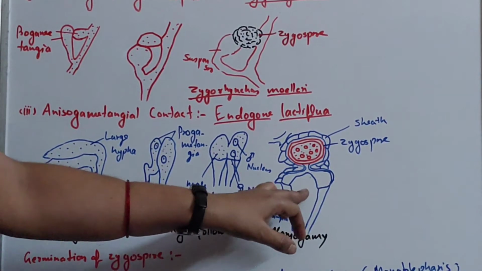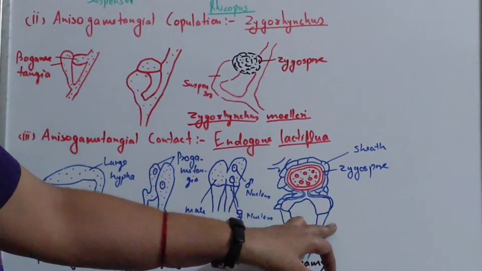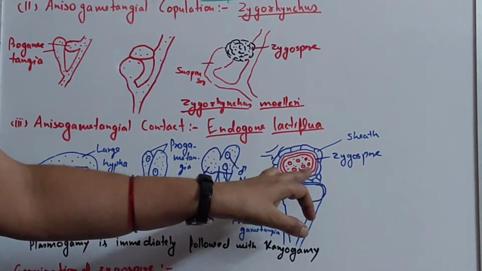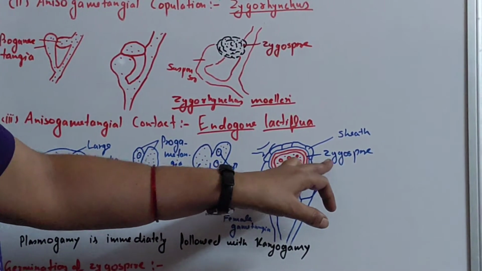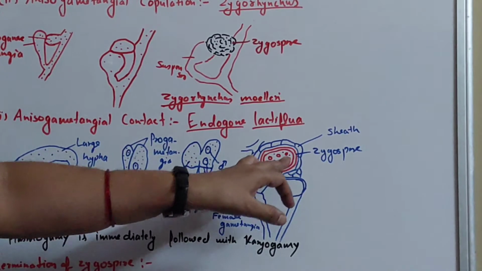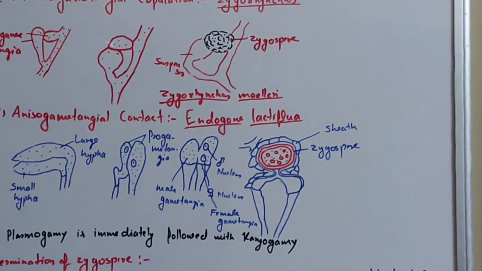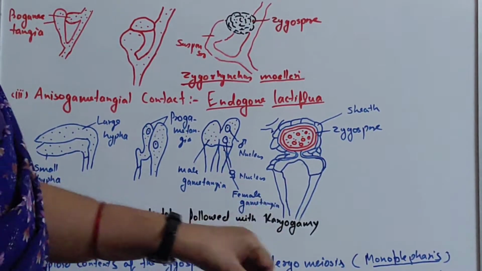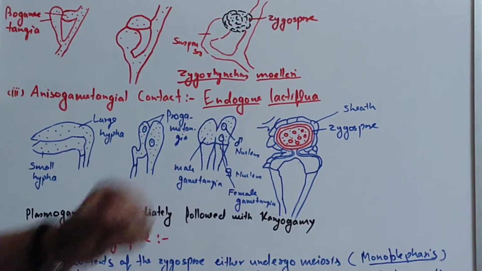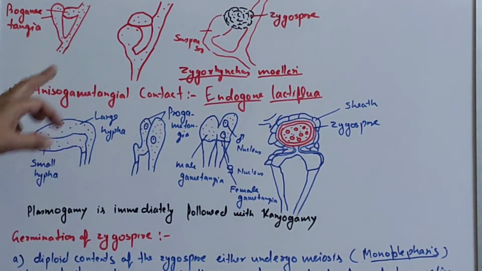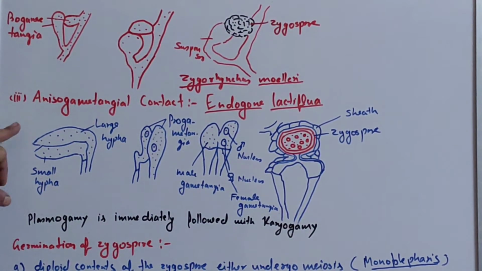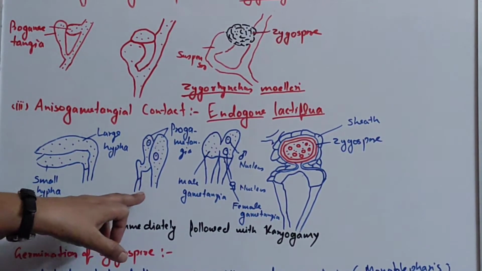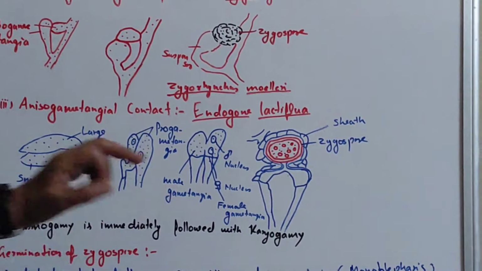There is a formation of a tube-like structure by the female gametangium, which enlarges to give the structure inside which the zygospore is formed. This zygospore remains surrounded by a sheath. So this is the case in Endogone lactiflua, where the identity of the male gametangia and female gametangia is never lost.